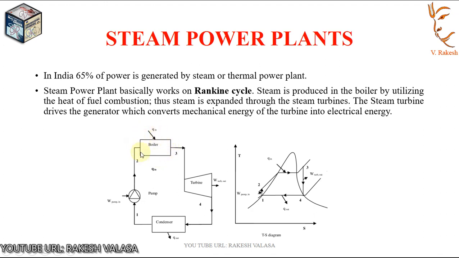Dry saturated vapor means it does not have any water particles. The input energy can be easily calculated by using the H-S chart, also called the enthalpy and entropy chart. It is also known as steam tables.